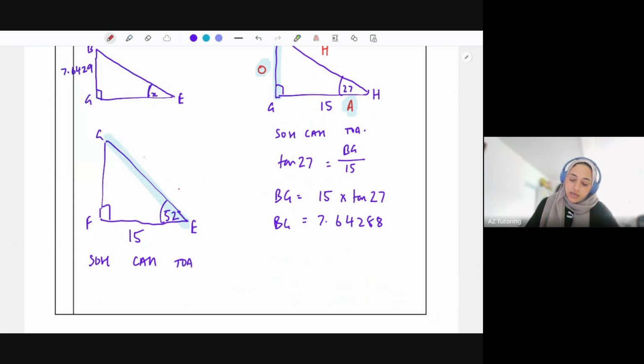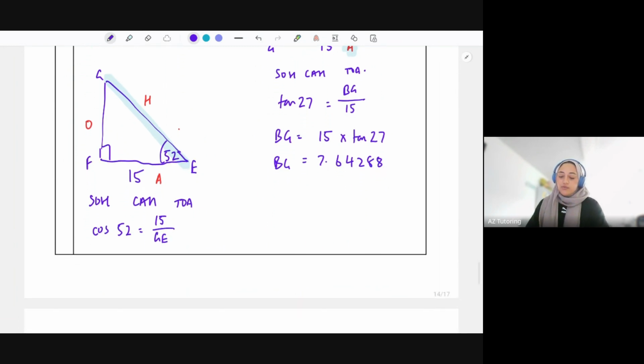Let's label the triangle first. So this is our hypotenuse because it's opposite the right angle. Here's adjacent, that's opposite. We want to find H, GE, and we've got A, so we're going to be using A and H, that's cos. So cos of the angle 52 equals adjacent, which is 15, over the hypotenuse, which we don't know.